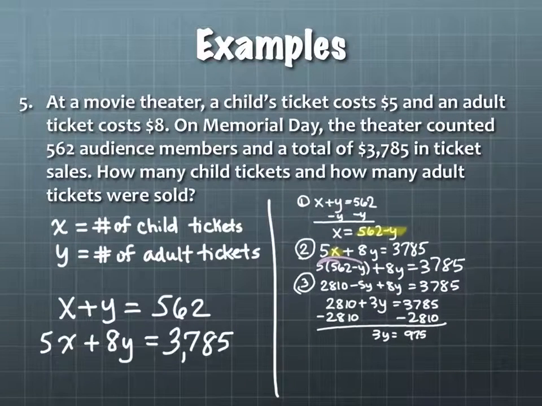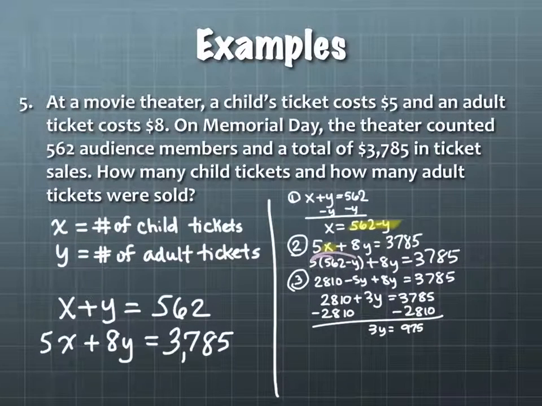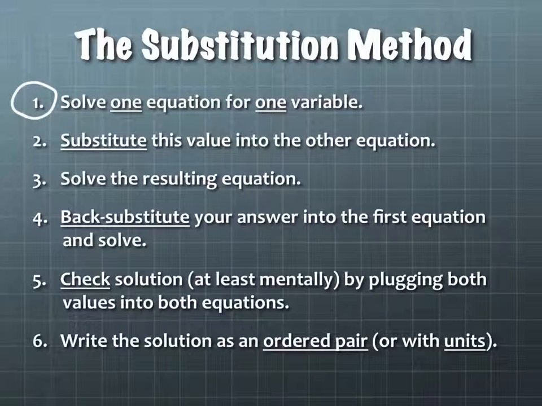Yeah, I need to divide by 3. So what does y equal? 325, I think, yeah? Okay. So all of this is step 3, solving. It's the longest step, without a doubt.